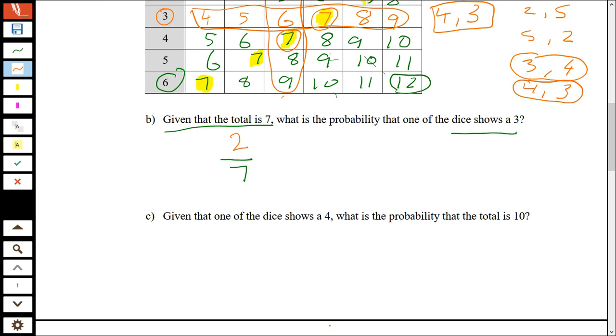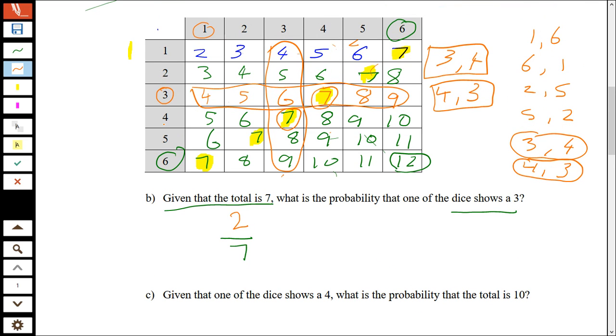All right, given that one of the dice shows a 4, what is the probability that the total is 10? Okay, so let's just erase what we put on here. Get rid of that. Get rid of the highlighted bits. So it's very similar to the first question.